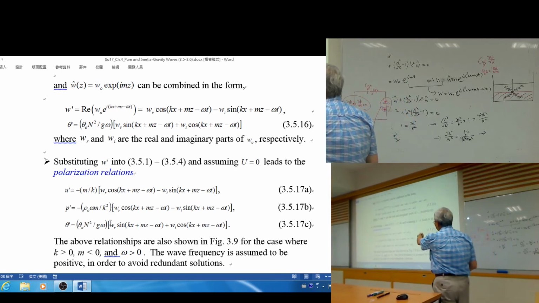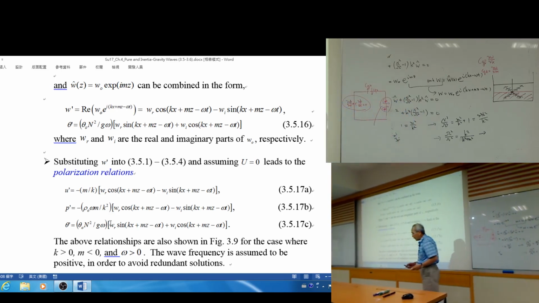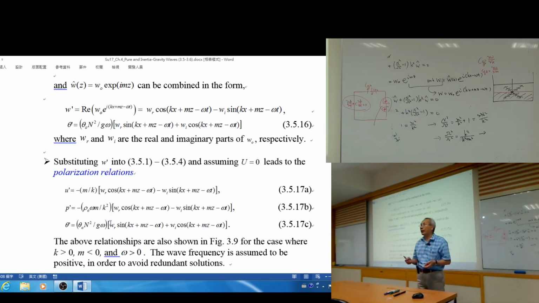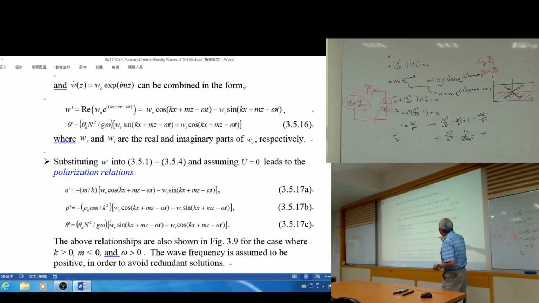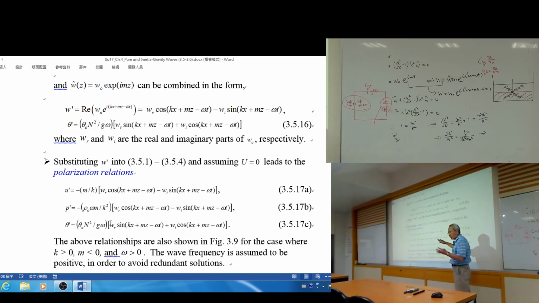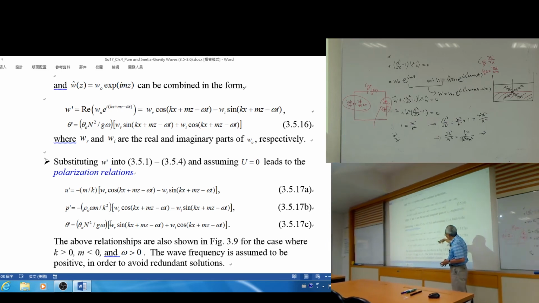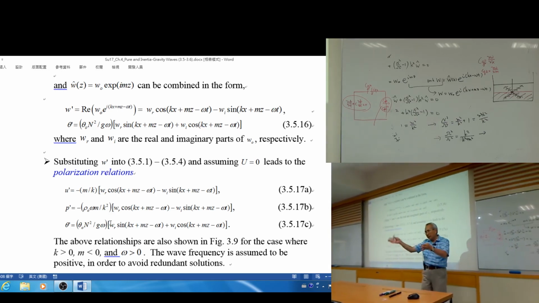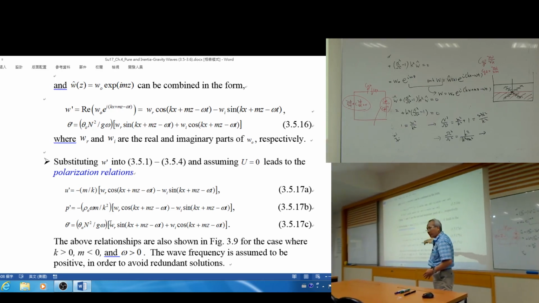This is more theoretical, and more related to fluid dynamics. So don't panic, don't worry, because later on, when we talk about the steady state mountain waves, we can see this very clearly. It's easier to understand.